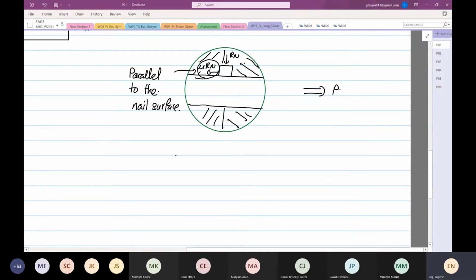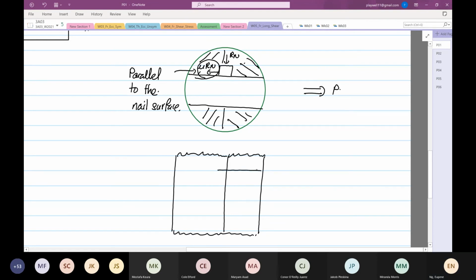I repeat again. Let's say we have two different pieces of wood. This is nail number 1. This is the depth. This is nail number 2.